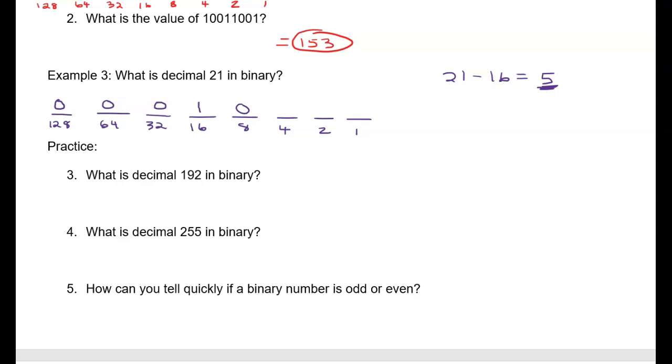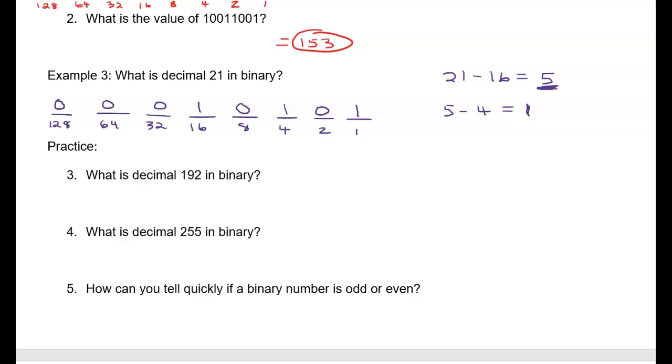No. So I can't have anything in my 8's place. But I can have something in my 4's place, because if I'm left over with the number 5, then there is 1 4 inside of 5, right? And so now I'm going to take 5 and subtract 4 from it, and I'm left over with just 1. So I can have 0 in the 2's place, and must have a 1 in the 1's place.